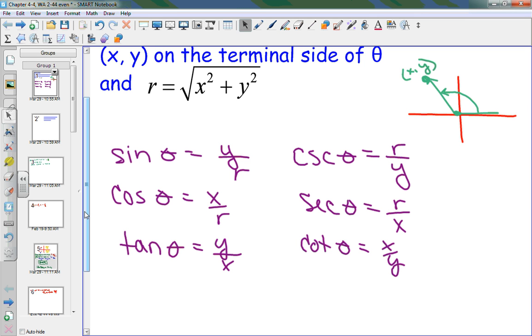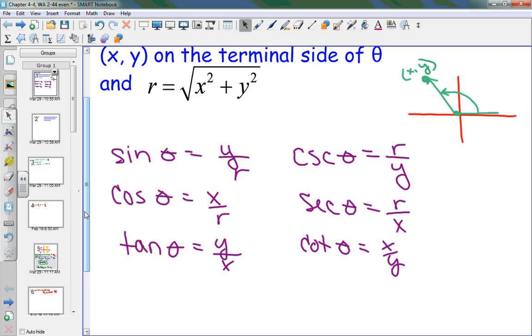For problems 1 through 4, it says determine the exact values of the 6 trigonometric functions of the angle theta, and it gives you a point on the terminal side. If you look at problems 5 through 12, it says the point is on the terminal side of the angle in standard position. Determine the exact values of the 6 trigonometric functions of the angle. Are those problems exactly the same? Yes. One gives you a picture, one does not.